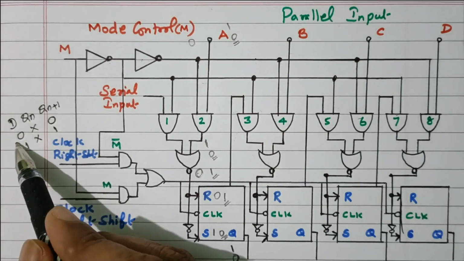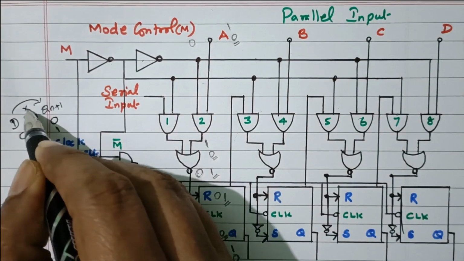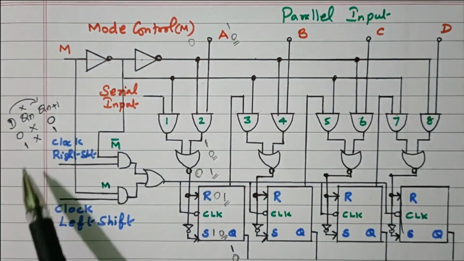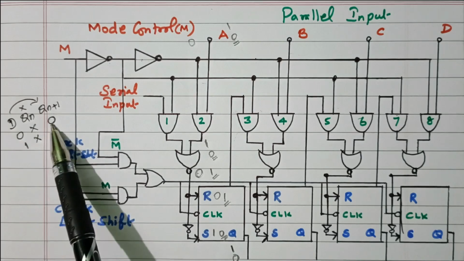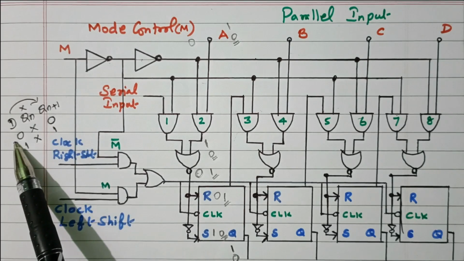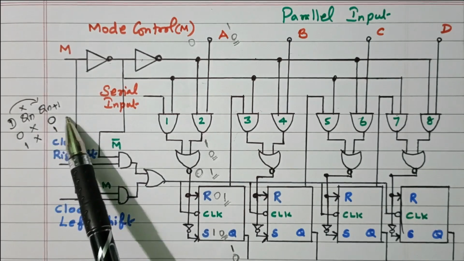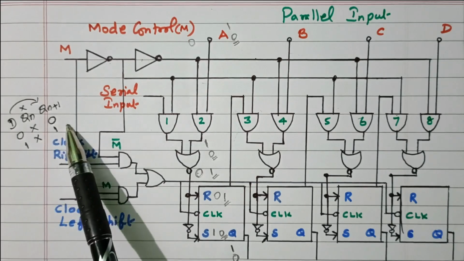So the input we are giving will be reflected as the next state. It will not bother about the present state. So that is the advantage for a register. What data we are sending, that same data will be available at the output. The flip-flop input is 0 means the flip-flop output will be 0. The flip-flop input is 1 means the output is also 1.